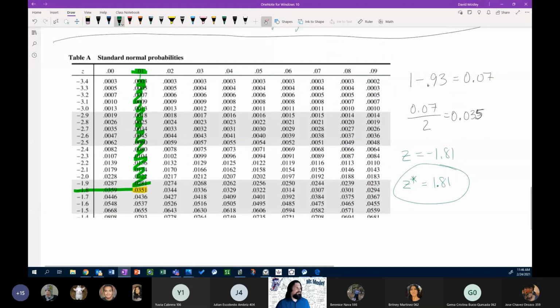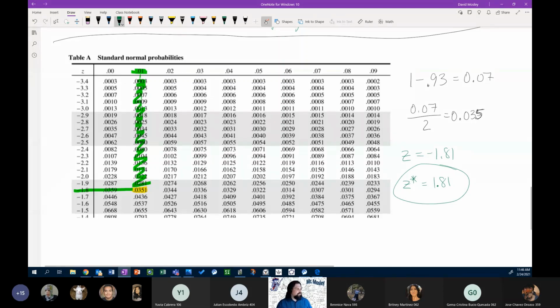Here's how we get there. If you're looking at the shared screen, this is the math behind this. We start with 100%, we subtract the 93% from the middle. That leaves us with 0.07 or 7% to split between the two tails. We cut that in half, get 0.035 as the proportion or the area on the left-hand side tail.